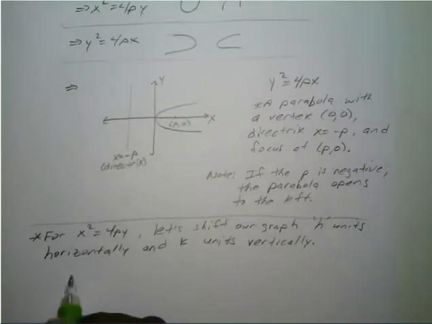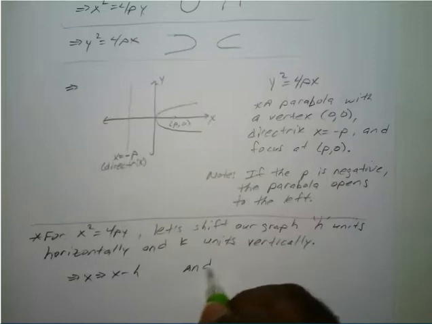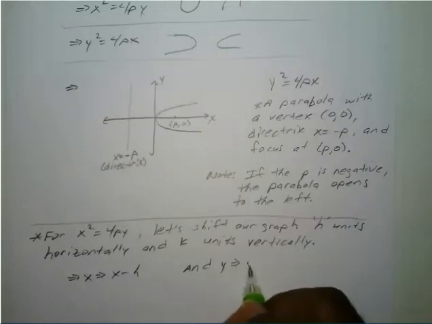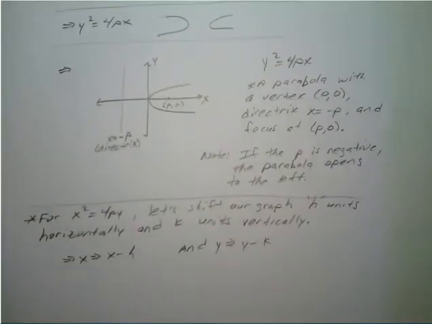Okay, so that means our x will become x minus h, and our y will become y minus k. Okay, which means our vertex will be the point (h, k), because that's where we're shifting it.